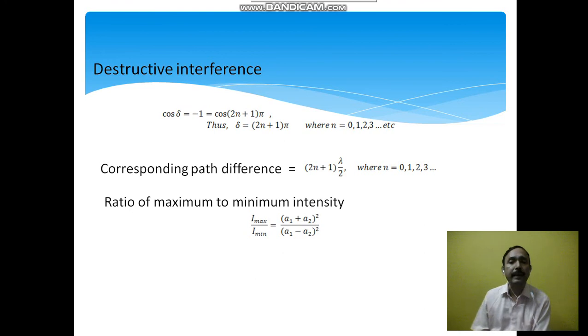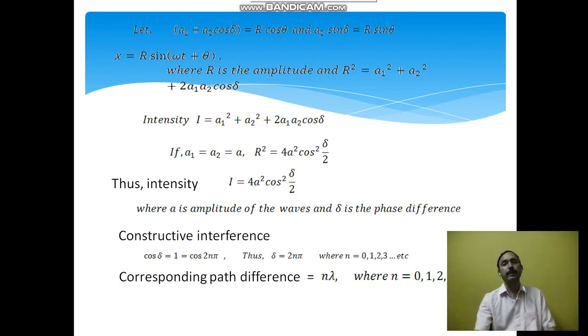Now ratio of maximum to minimum intensity. Just going back to the previous slide, I max will be, if cos delta is equal to 1, (a1 plus a2) whole square, and I min will be, cos delta is -1, (a1 minus a2) whole square.